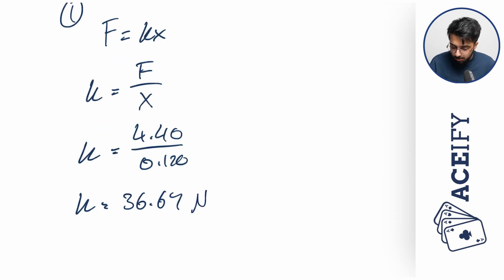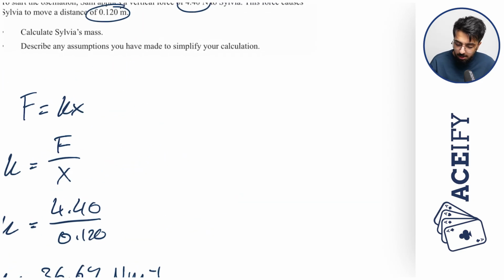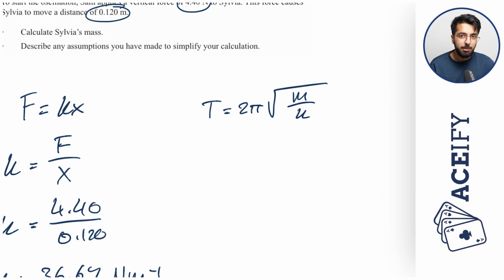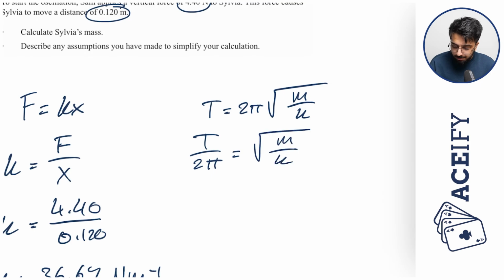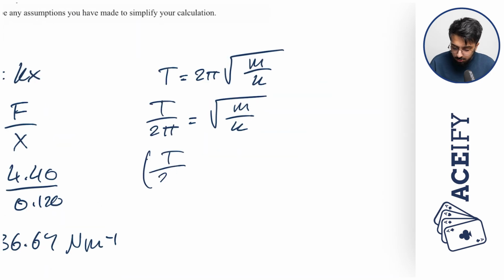36.67 newtons per meter. Okay, and then from here we know our period is equal to 2 pi square root m all over our spring constant. We know our period from before, and that's 8 seconds. We are trying to find the mass, and we just found our spring constant. And so we can just rearrange for mass, and we get our period all over 2 pi is equal to square root m all over k. And so therefore our period all over 2 pi squared is equal to m all over k.